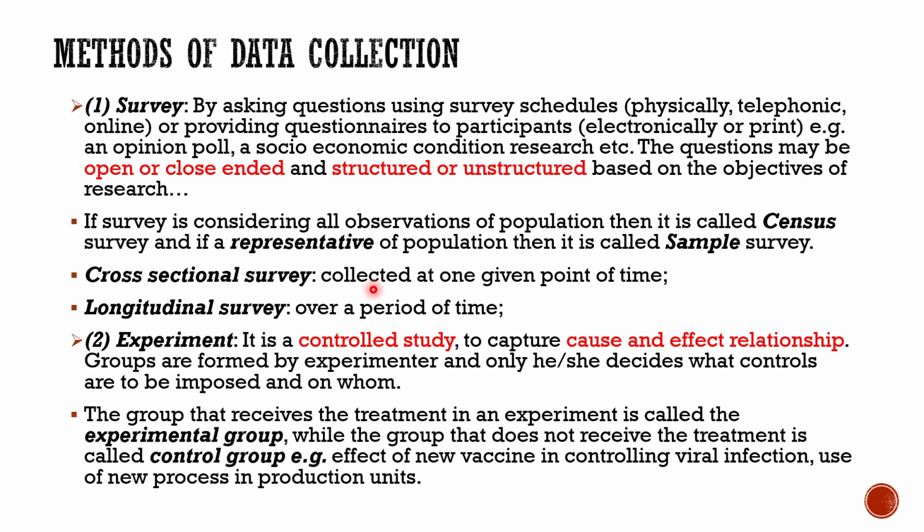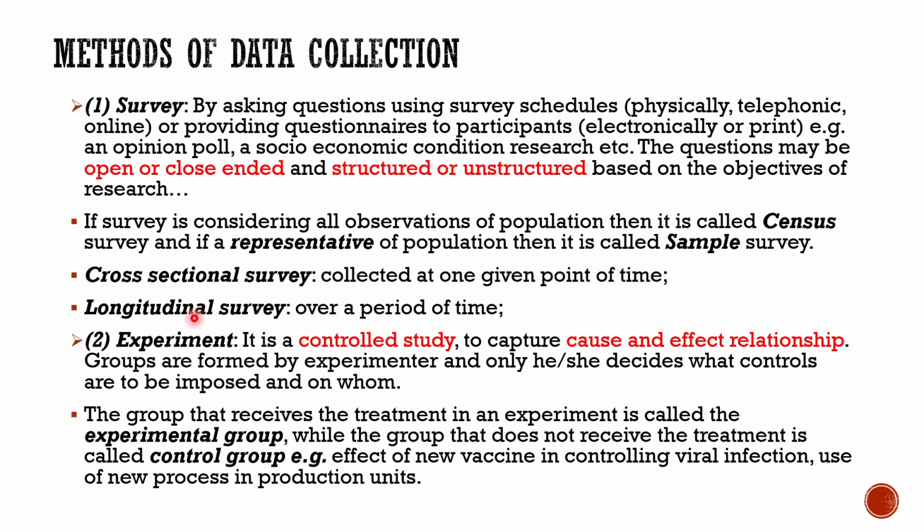But a longitudinal survey involves repeated observations of the same variables over short or long periods of time. For example, you can collect socio-economic condition data in 2004-5, and with the same participants you collect it in 2019, so it would be called a longitudinal survey when we combine these two data sets.